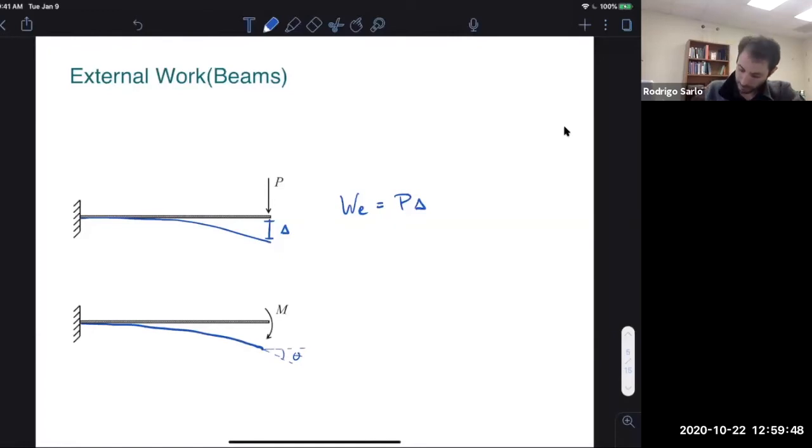And so my external work due to an externally applied moment is my moment times my angle. Okay, notice that these are in the same units, right? So that's a good way to remember. Force times displacement, moment times angle, we both get force times distance, right? Easy enough.